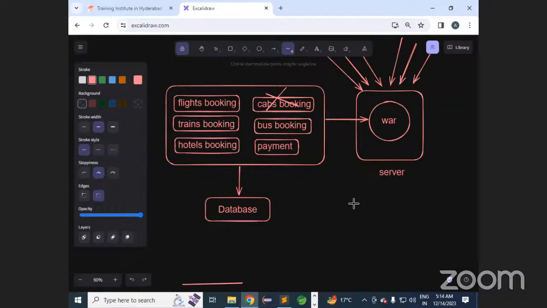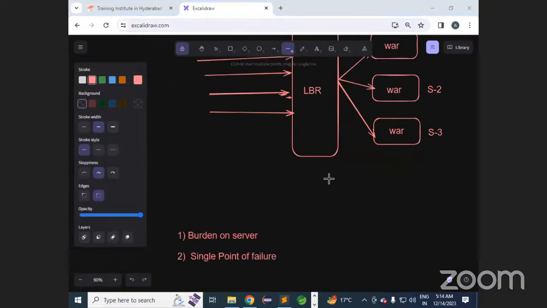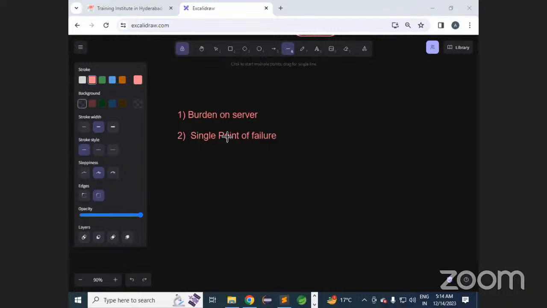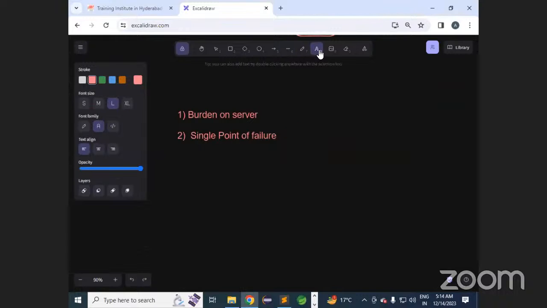If there is some exception in the code, the whole project is going to be down because everything is available in one place. If something is damaged, then the entire application will collapse. That is called single point of failure.